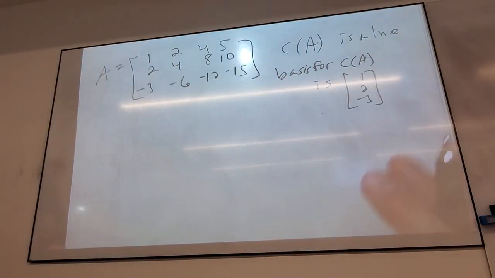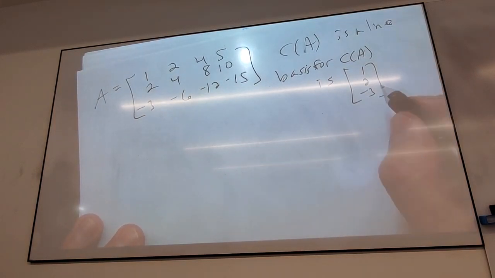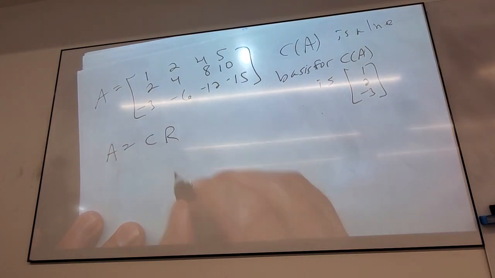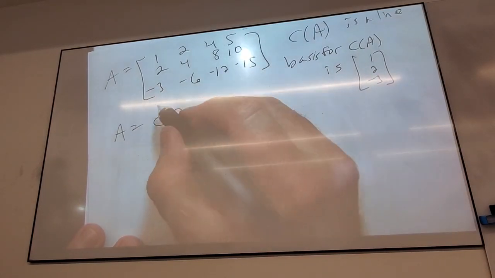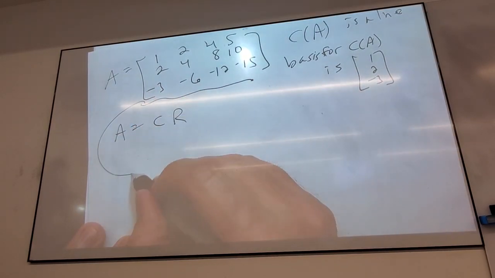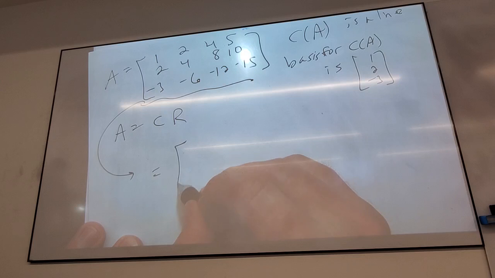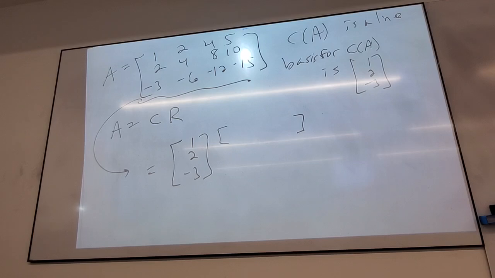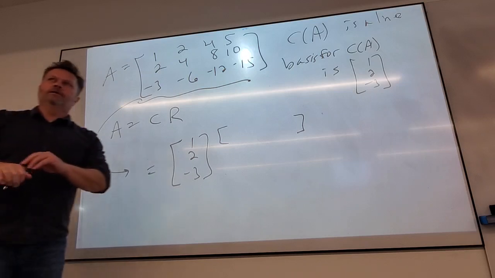So let me write this down. We got our column space is 1, 2, -3. So I want to be able to write this like this. I want this to equal my column space times a row space. Let me do this 2 different ways.